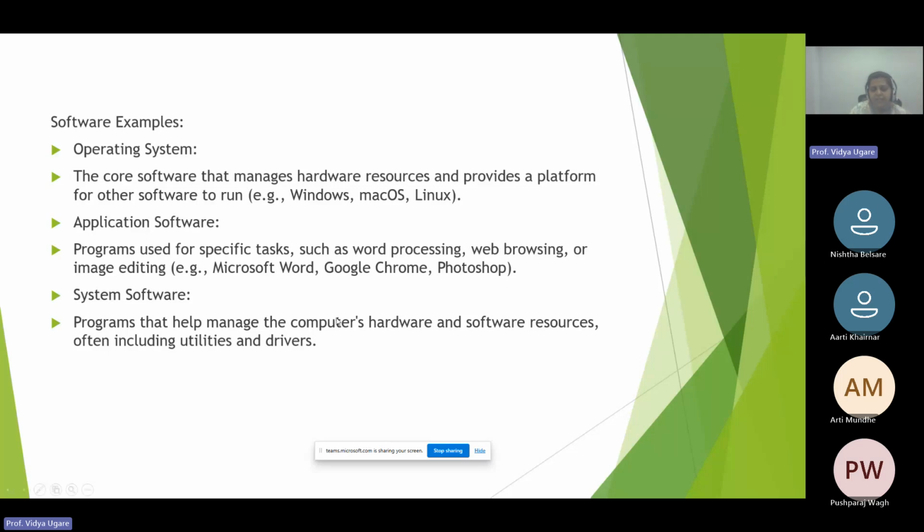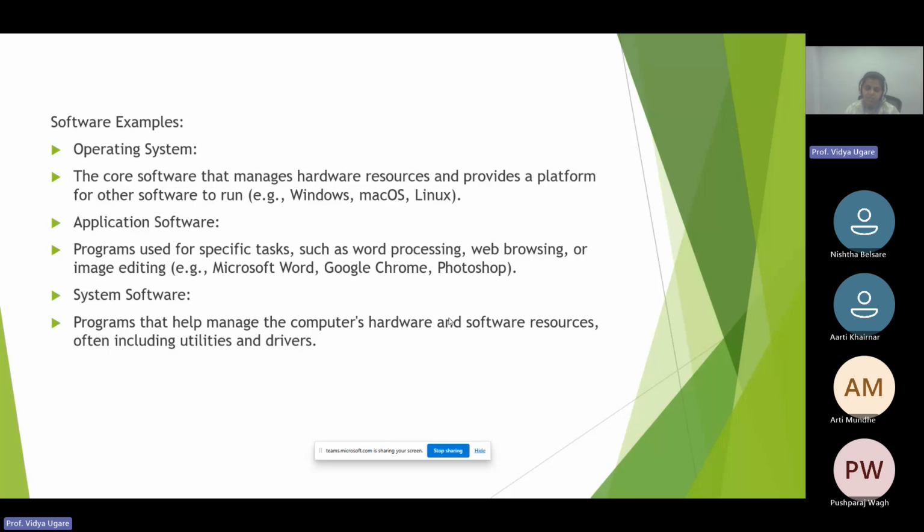Then we have system software. System software helps to communicate, behaving as an interface between the hardware and the software resources. For example, how will your hard drive come to know that the OS should be loaded into the main memory? How will software like Microsoft Word know it should be loaded into memory for display purposes?